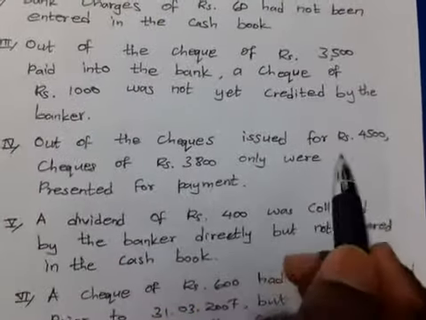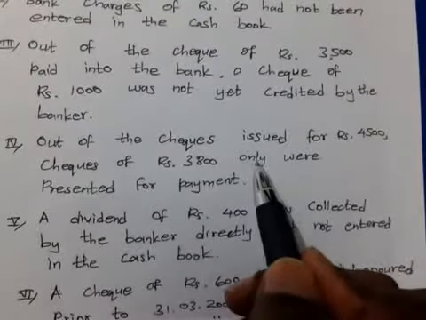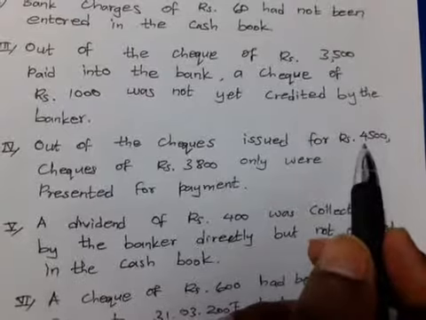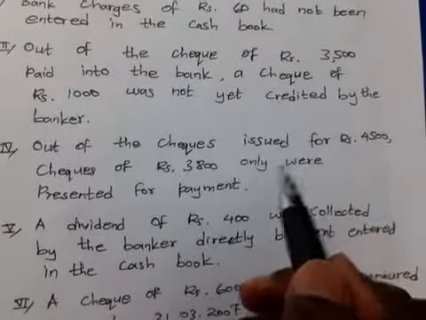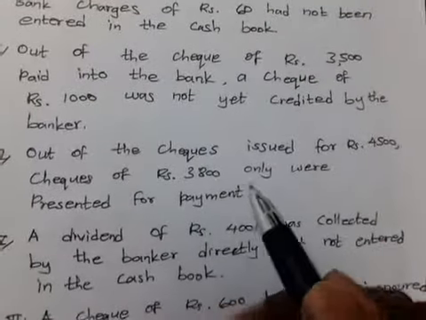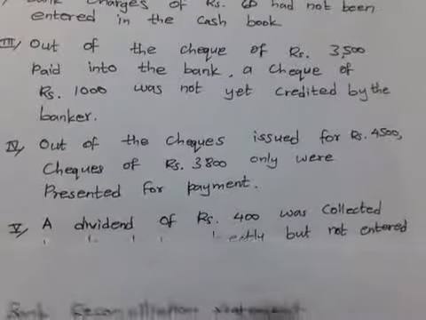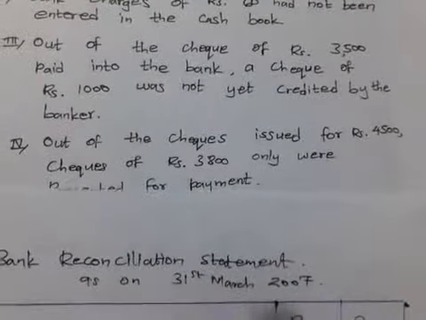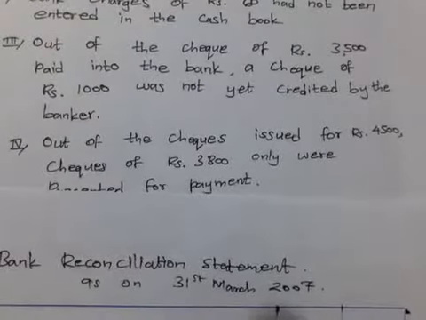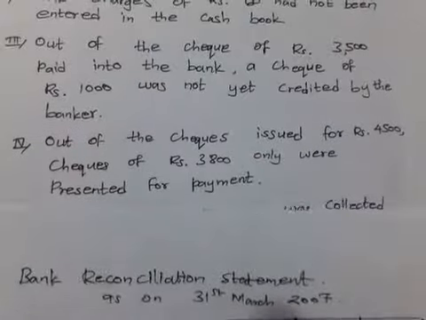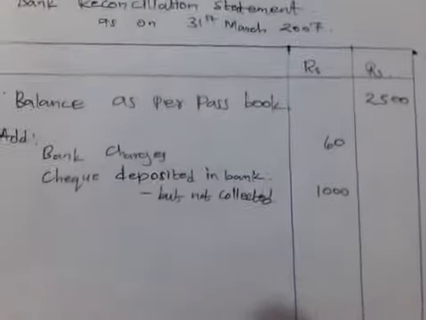So the remaining is not deducted from the passbook balance, but the 4,500 is totally deducted from the cashbook balance at the time of issuing. So we have to deduct the balance amount. 4,500 minus 3,800, so 700 we have to deduct from the passbook balance.